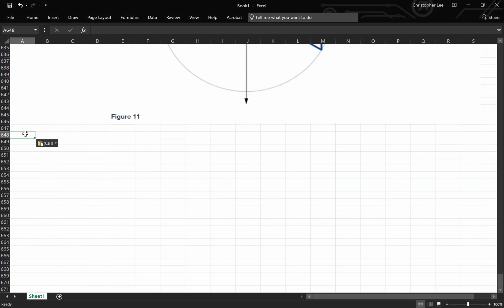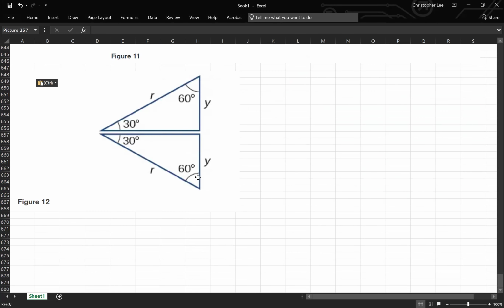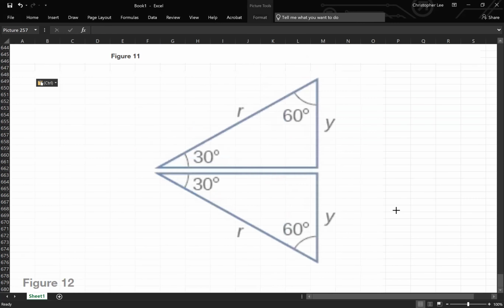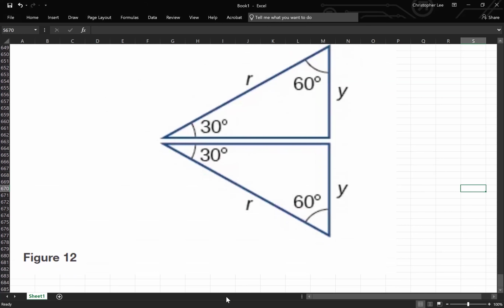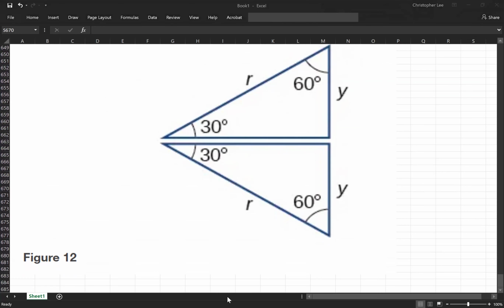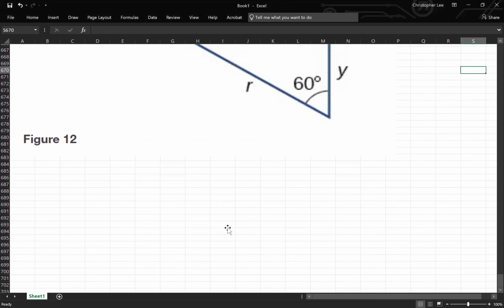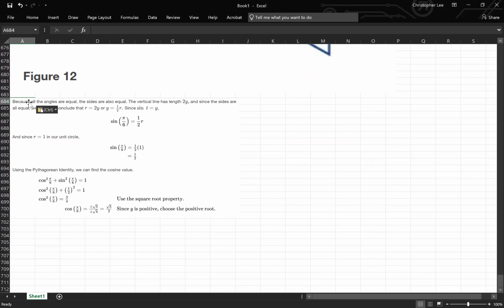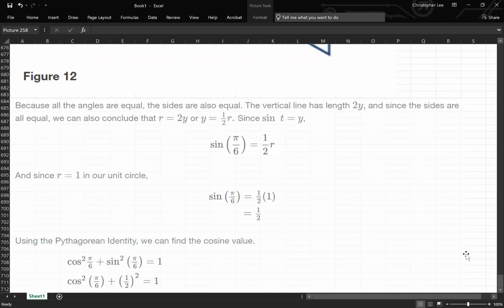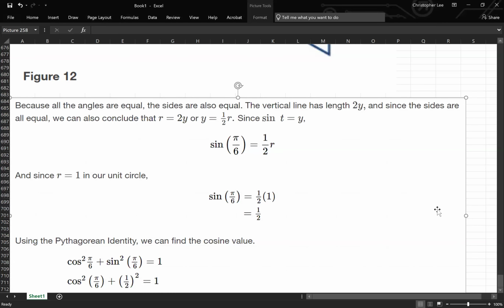Look at figure 12. This is our special right triangle. Because all the angles are equal, the sides are also equal.